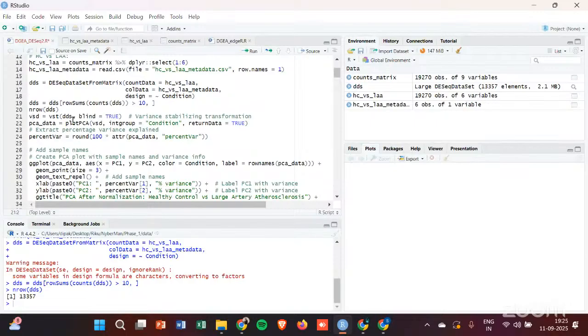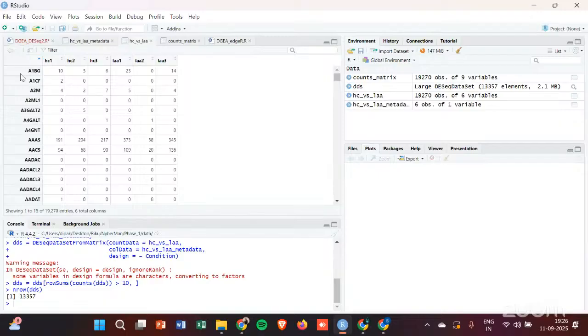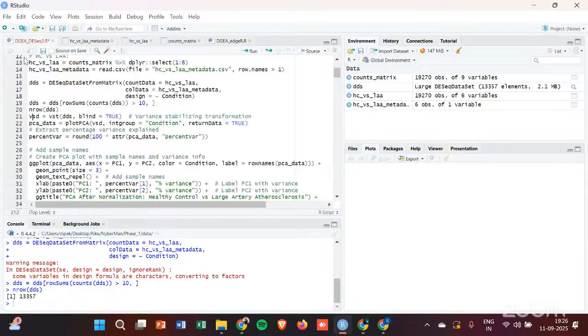And that will affect your PCA, because PCA tries to figure out the variance explained by each component, as in each gene, and then it tries to give you the overall distances between samples.